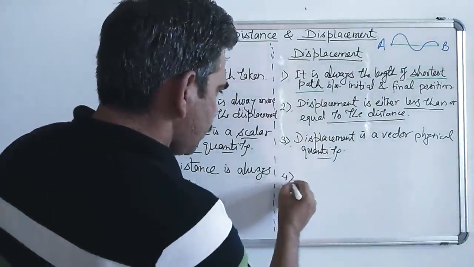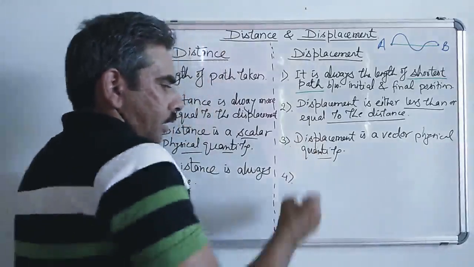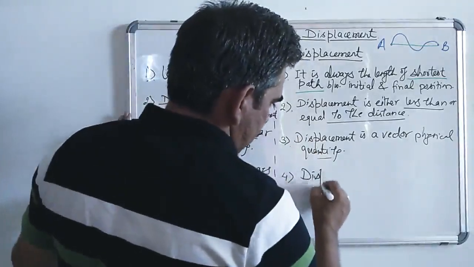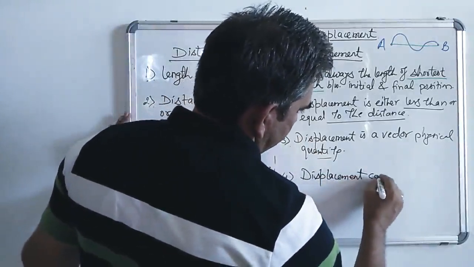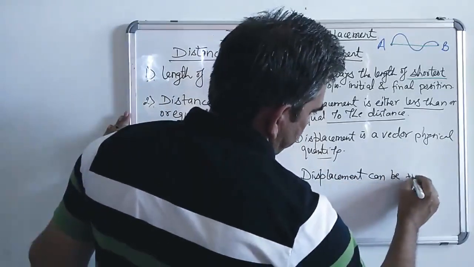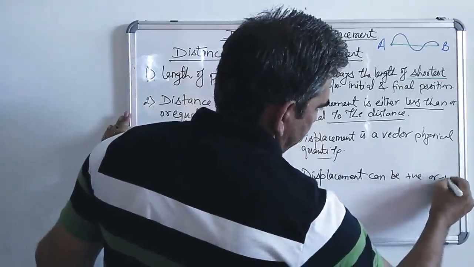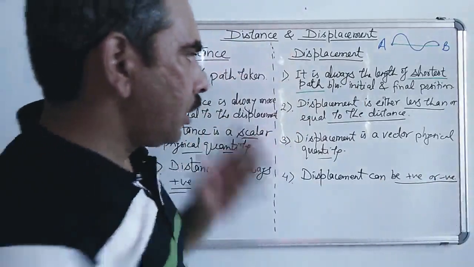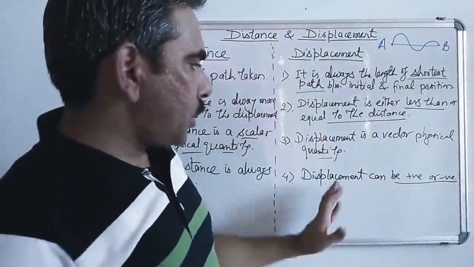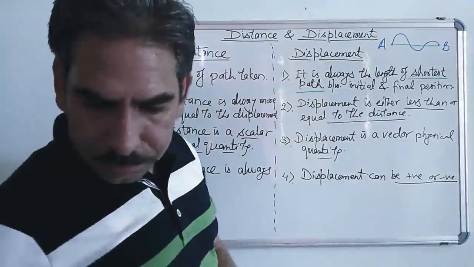And in case of displacement, it can be positive or negative. It can have both kinds of values during the motion. Let me explain this with the same example.